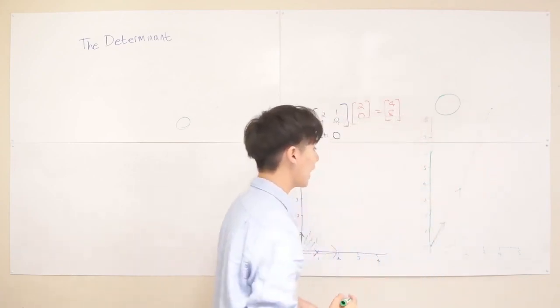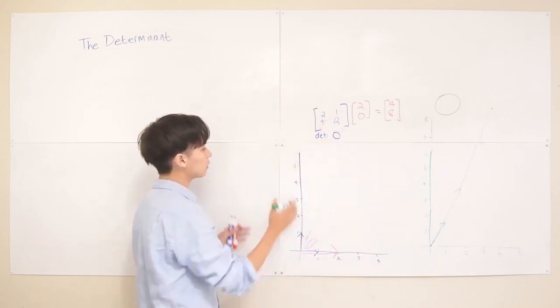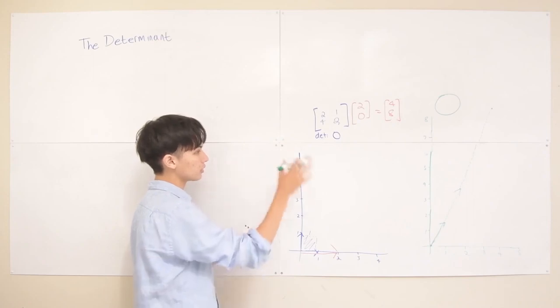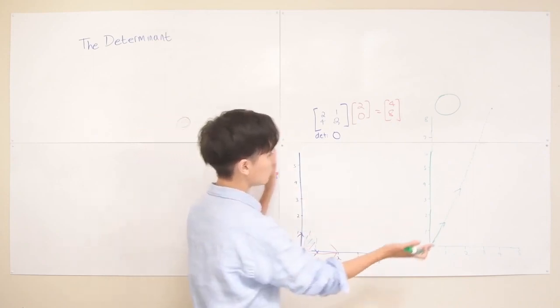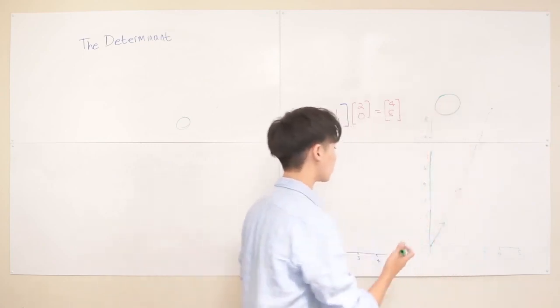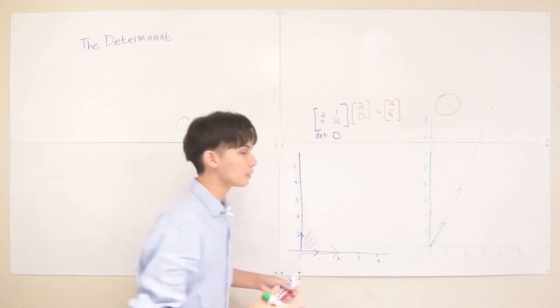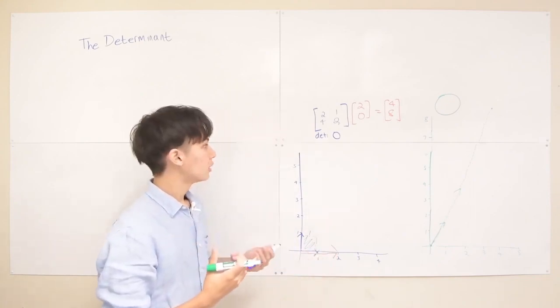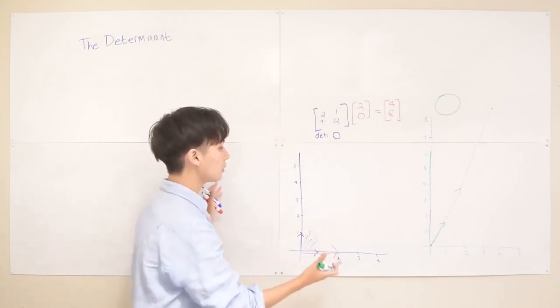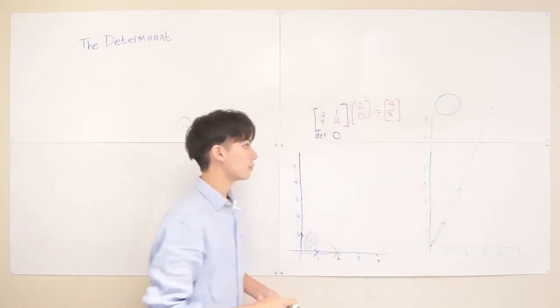And you can imagine that every single point in this entire coordinate space, every single vector, gets squished into a single line here. So every vector gets transformed onto the same line. And that's what you can imagine when the determinant is equal to 0, that this entire space squishes onto a single line after undergoing the transformation.